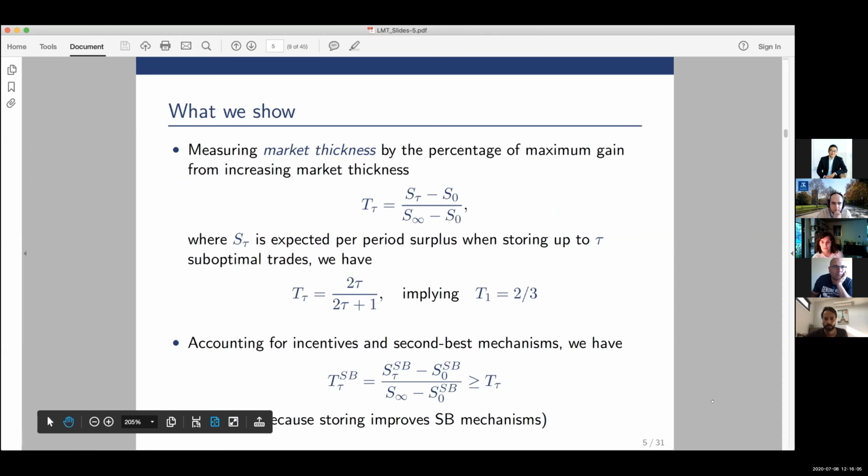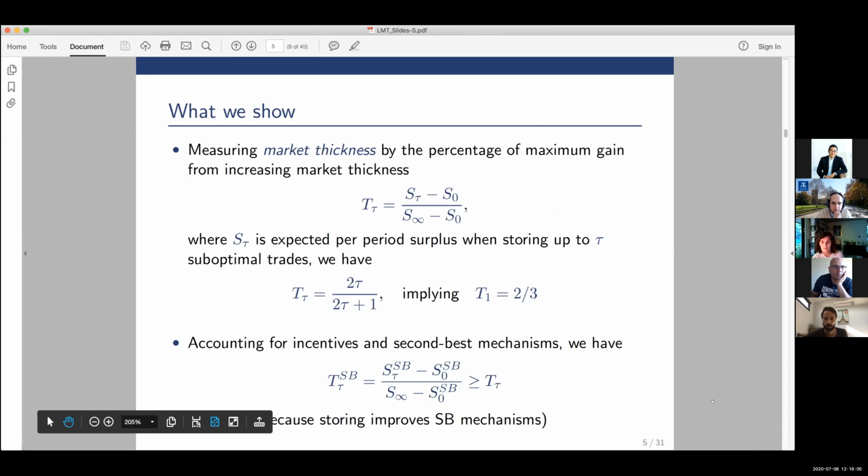So tau star is the maximum number of agents that you would be willing to store, and little delta here, that's the discount factor. And so you see for large values, the number of agents that you would be willing to store is 0, and then it becomes 1, and then it increases. But even here, when the discount factor is very close to 1, you're still only storing, say, 6 traders maximally.